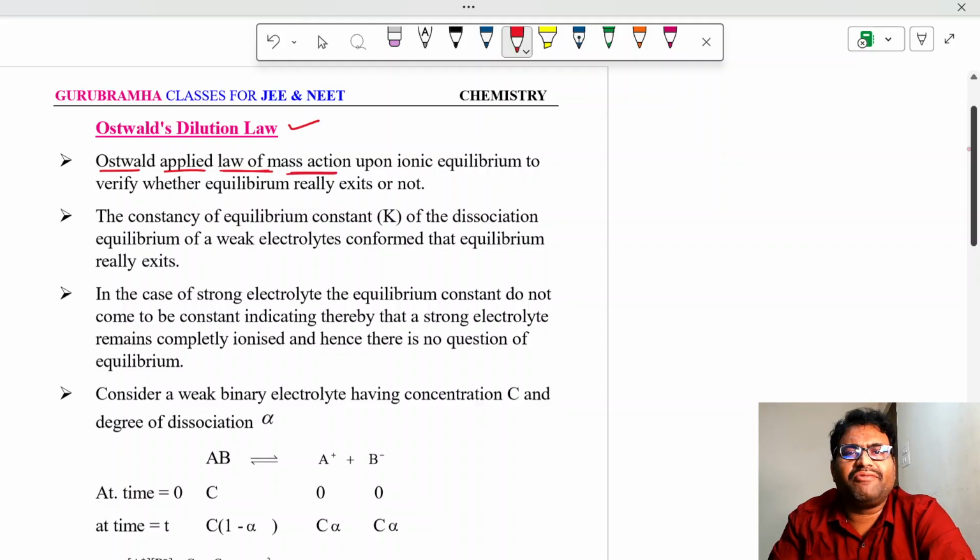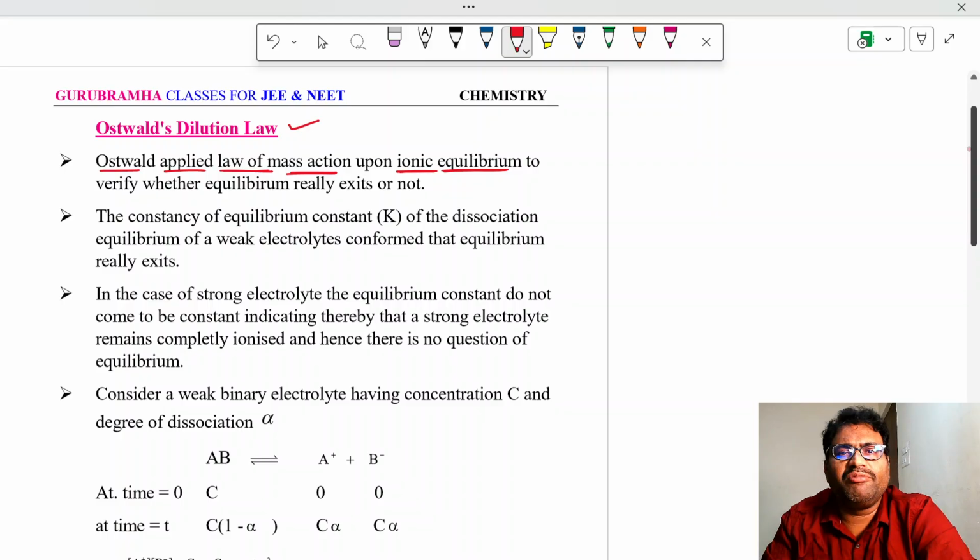In chemical equilibrium, we have studied the law of mass action, where it describes the relation between rate and the concentration of the reactants. How does the rate of a reaction depend upon the concentration of the reactants? So Ostwald applied the law of mass action to ionic equilibrium. What is ionic equilibrium? The equilibrium which involves ions.